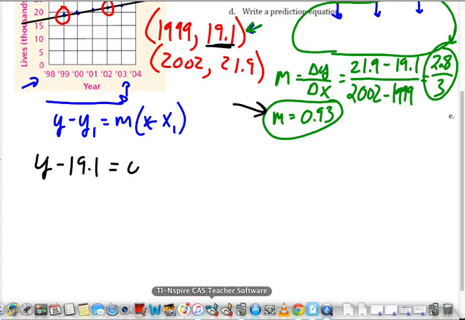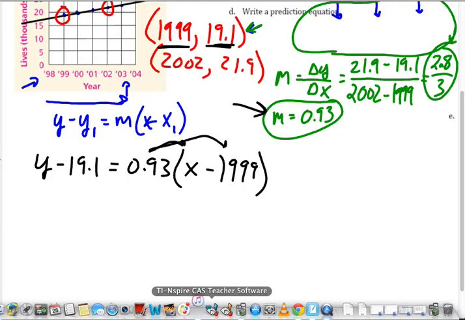My slope is 0.93. We had to find that. And x minus my x sub 1 is 1999.